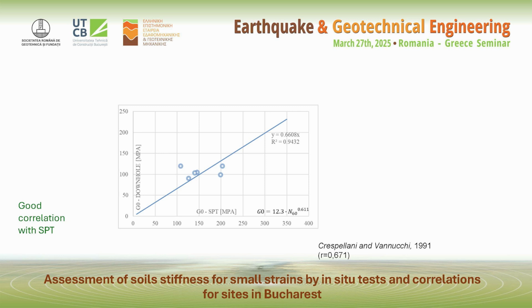So we obtain even better correlation coefficient than other authors, but with a note that the actual value with this correlation is about 70% of that obtained from in situ tests. So we can just consider to correct, but it's obvious this is a good direction to identify further.